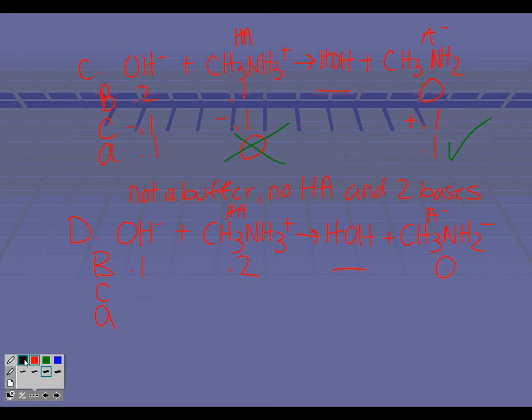Our change is always by the smallest, minus 0.1, minus 0.1, and plus 0.1. We are out of strong base, with 0.1 of our weak acid and 0.1 of our conjugate base. Last thing we check, do we have A minus and HA? There's our A minus. There's our HA. This is a buffer.